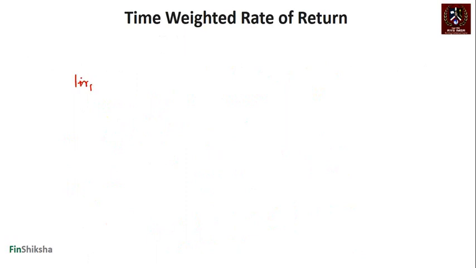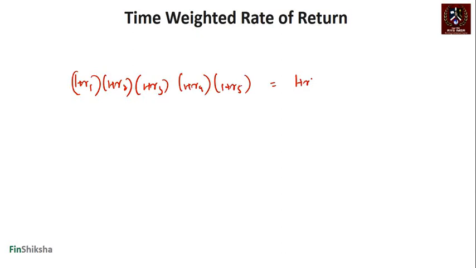What we are doing is 1 plus R1 into 1 plus R2 into 1 plus R3 into 1 plus R4 into 1 plus R5 is equal to the actual annualized return raised to the power 5. So I remove this 5 and basically take the fifth root of this, and then we subtract 1 to get the annualized number. That number is going to be my time weighted rate of return.